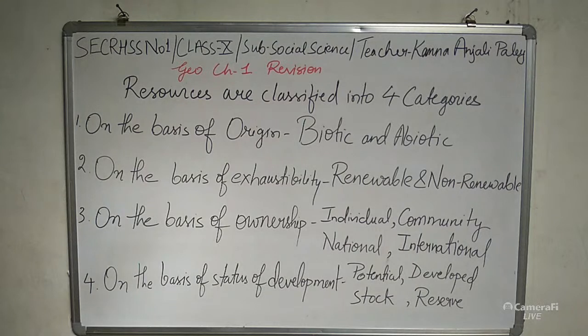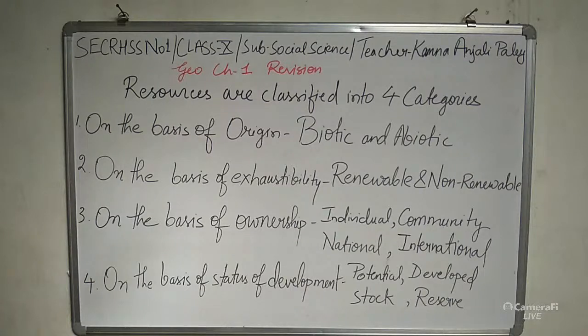And the second is non-renewable resources, which take a very long time to regenerate, a very slow process of regenerating. That's why it has a limited quantity. That's why it is termed as non-renewable, which cannot be renewed again and again. Its quantity is limited.